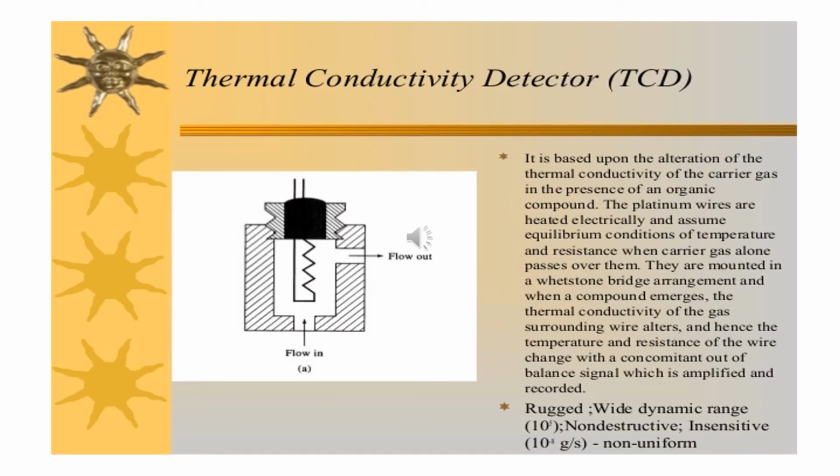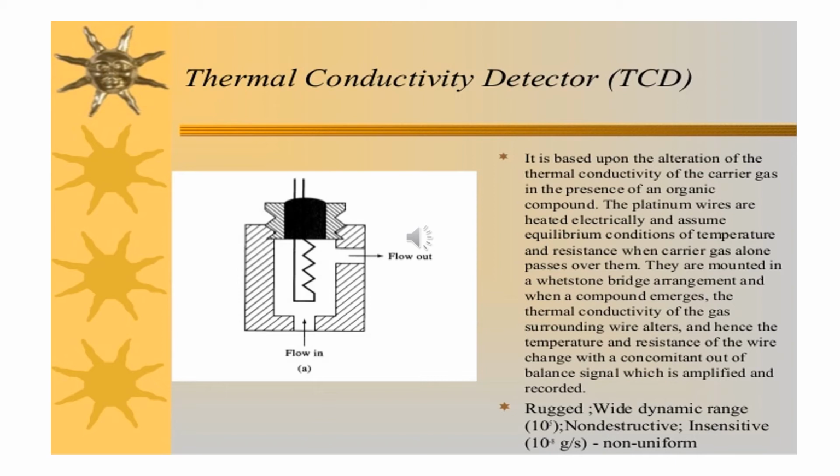Detectors are classified; the first one is the thermal conductivity detector. It is based upon the alteration of thermal conductivity of the carrier gas in the presence of an organic compound. The platinum wires are heated electrically and assume equilibrium conditions of temperature and resistance when carrier gas alone passes over them.